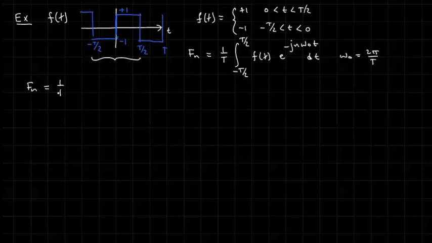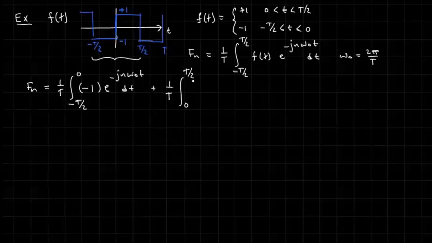We'll go from -T/2 to 0, and there the function has a value of -1. Plus 1 over capital T, integral from 0 to capital T/2 of +1 times e to the -jn omega naught t.